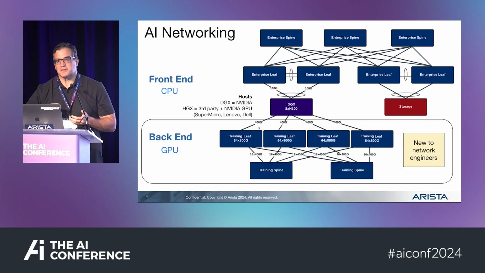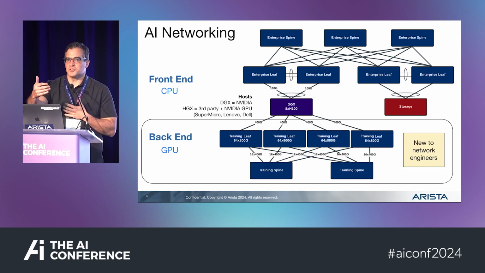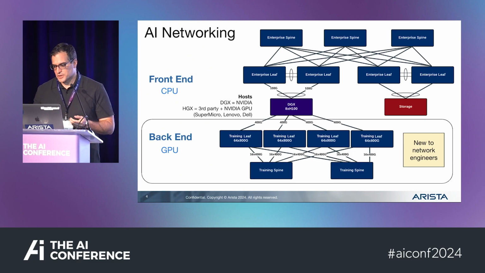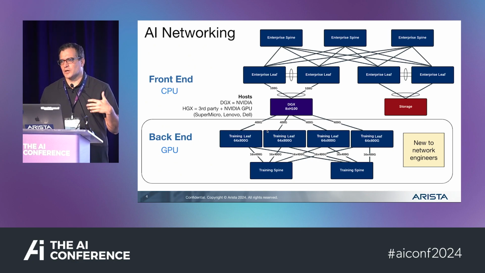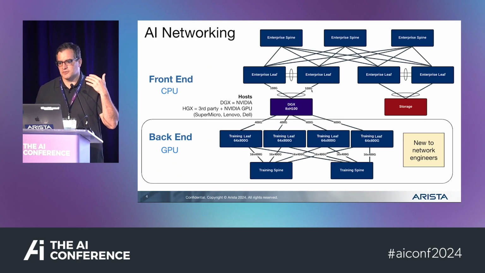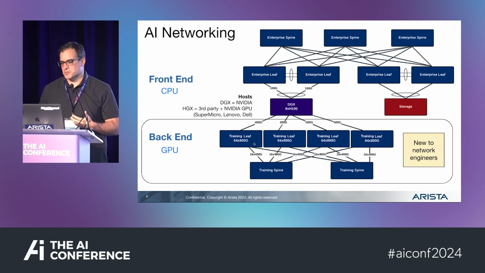What that means is for every 400 gig connection you have down to a GPU, you have a matching 400 gig uplink to the spine, okay? We're typically used to a 2-to-1, a 3-to-1, maybe a 4-to-1 oversubscription ratio in the front-end network. These back-end networks have to be fully provisioned with no oversubscription.